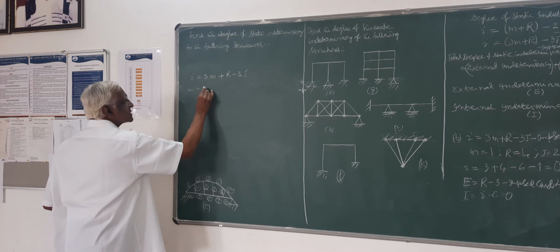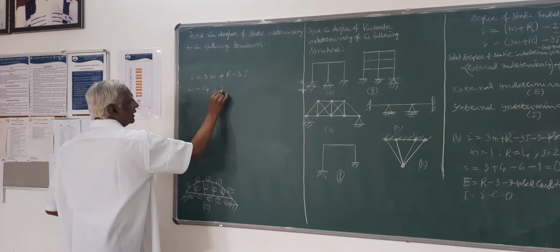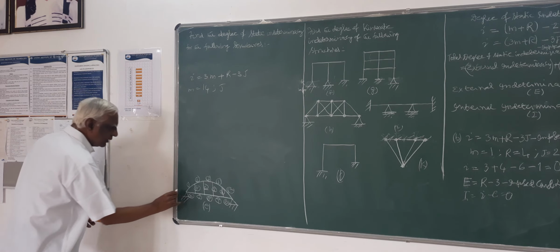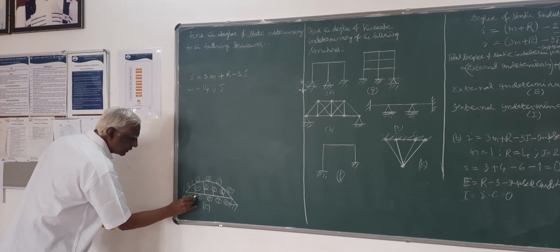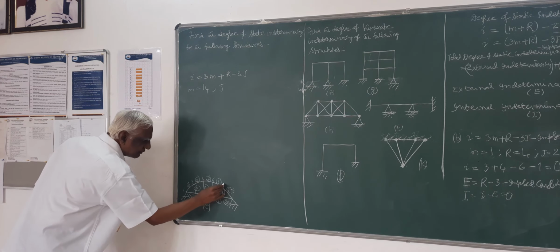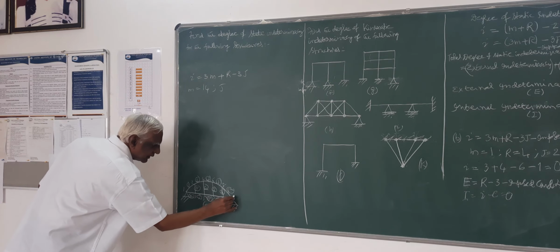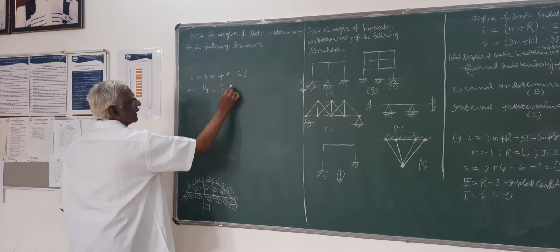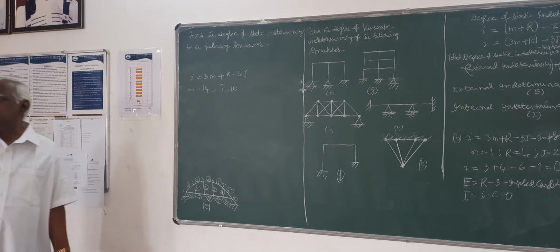Number of members are 14. Number of joints: 1, 2, 3, 4, 5, 6, 7, 8, 9, 10. Totally the number of joints is 10.